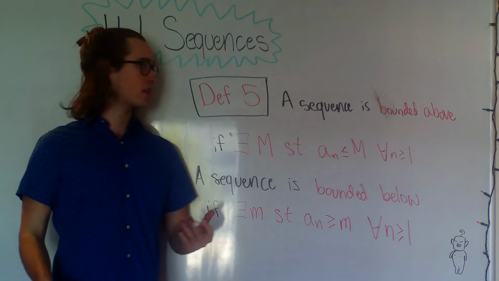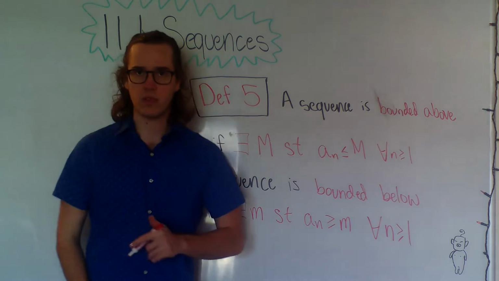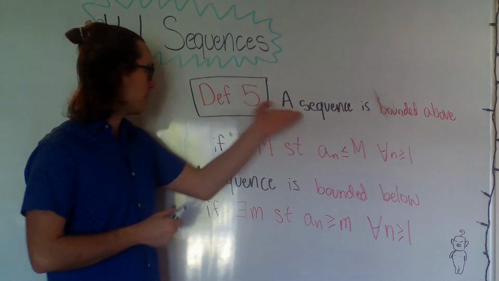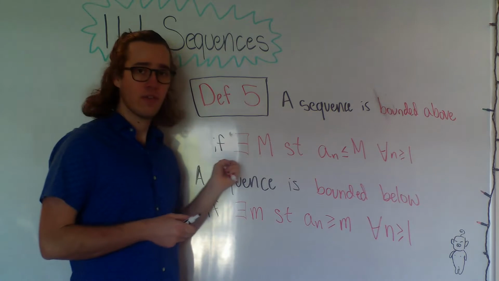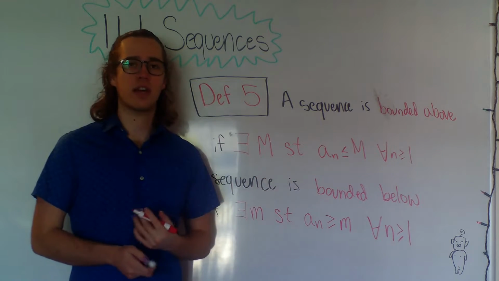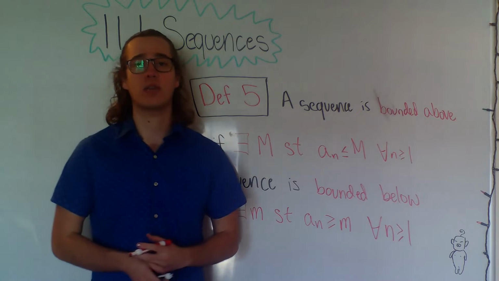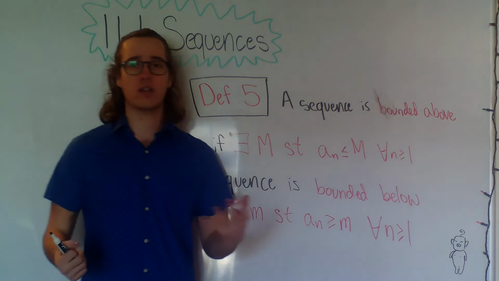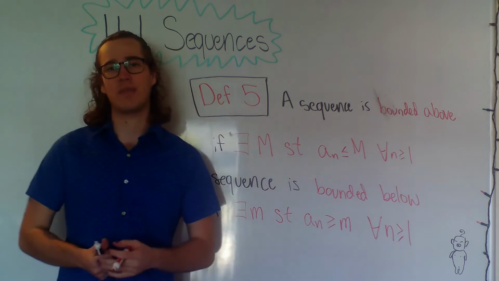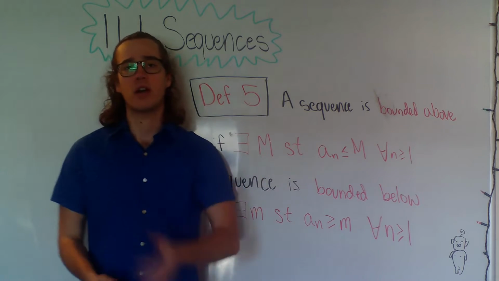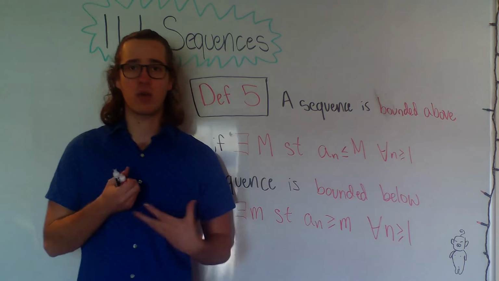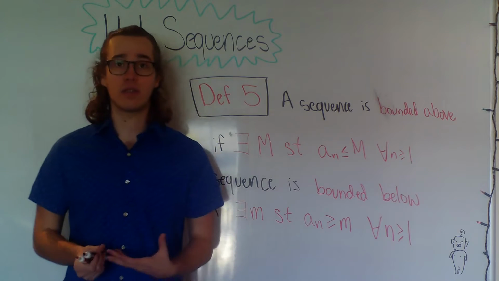Our final definition of the video is boundedness. A sequence is bounded above if there exists an M such that a sub n is less than or equal to M for every n greater than or equal to 1. Essentially, there's some number that is always as big or bigger than every single number in the sequence.